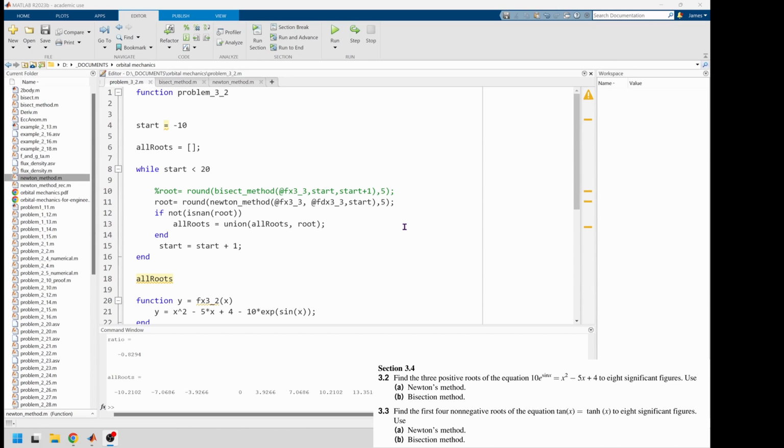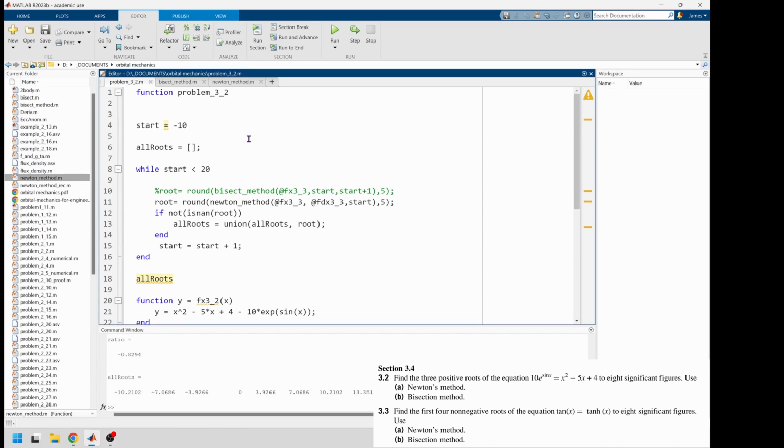So here we are in MATLAB, and I have a simple program that starts at minus 10 and iterates up to 20 and searches for the roots of the equation. I have two functions, the bisect method and the Newton method.